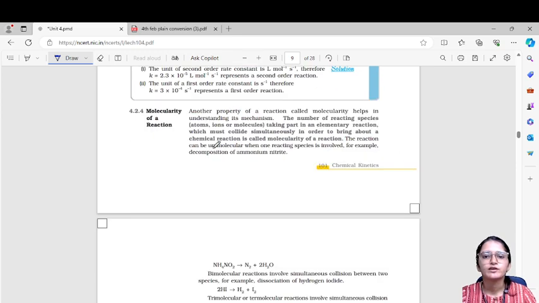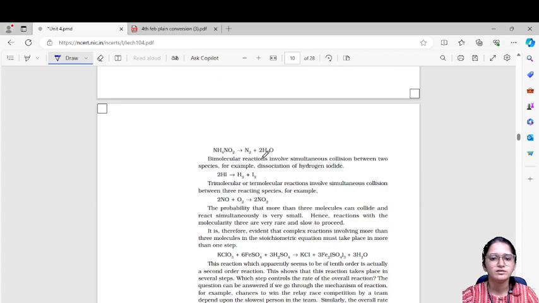Next is molecularity of the reaction. Now what is this? The molecularity is the number of reacting species taking part in an elementary reaction, meaning a one step reaction. If you consider that, how many species are taking part in it? So that tells us the molecularity. Okay, which must collide simultaneously in order to bring about a chemical reaction. It is called the molecularity of the reaction.